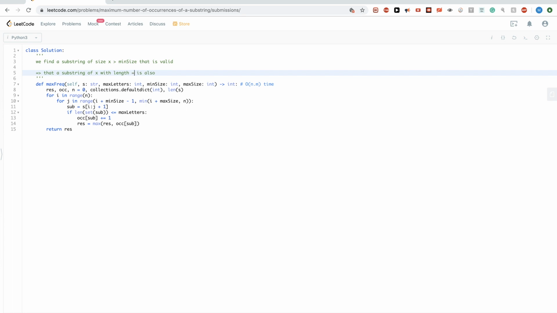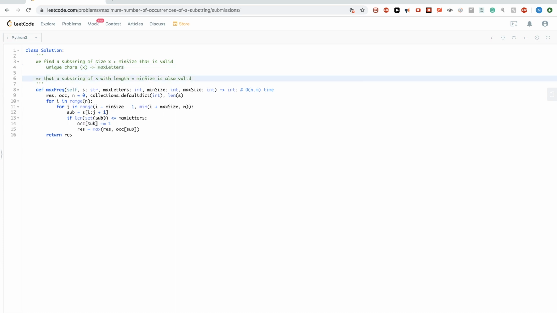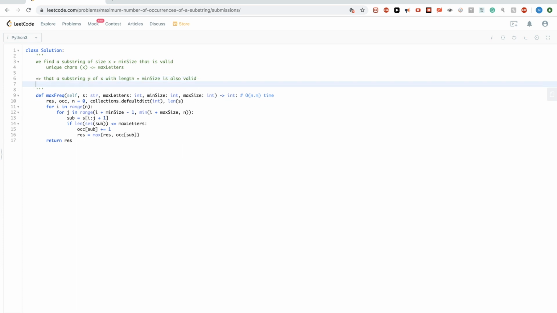is also valid, right? Because it's valid according to the second rule because its size is min size, and it is valid according to the first rule because if the unique characters of x are less than or equal to max letters, that means that a substring y of x also has unique characters less than or equal to max letters, by definition, because its parent has less than or equal to max letters, and since y is smaller, it also has less than or equal to max letters.